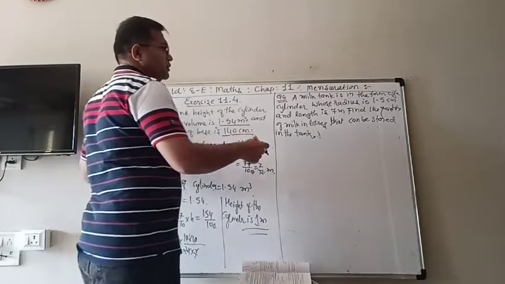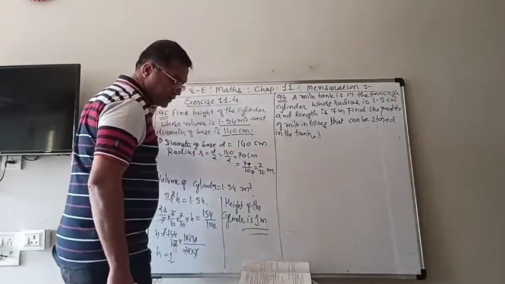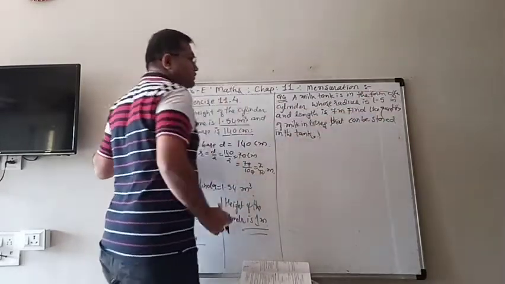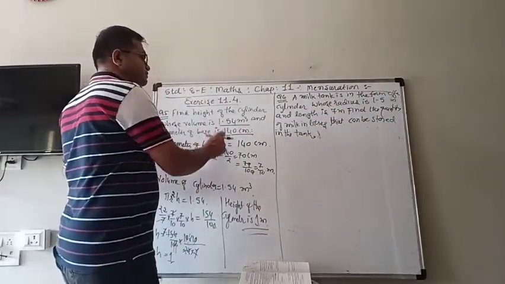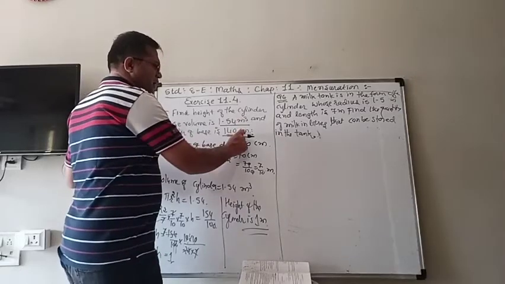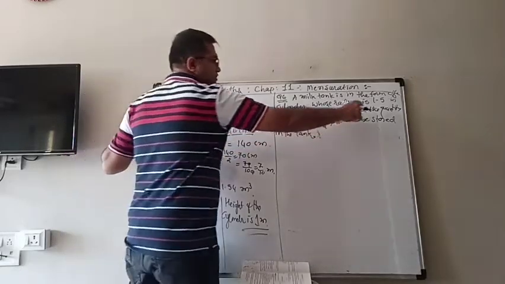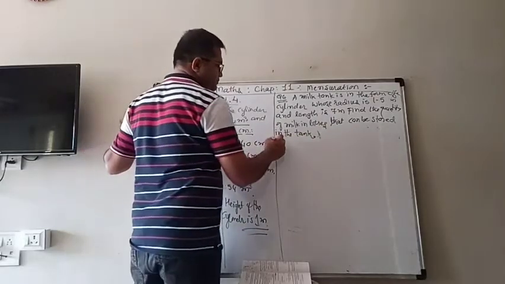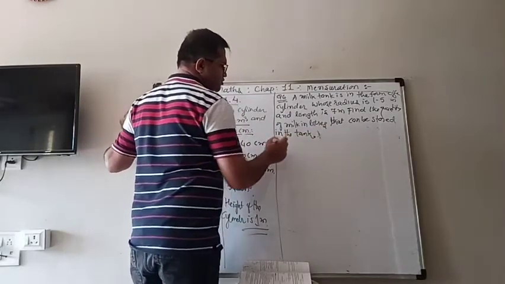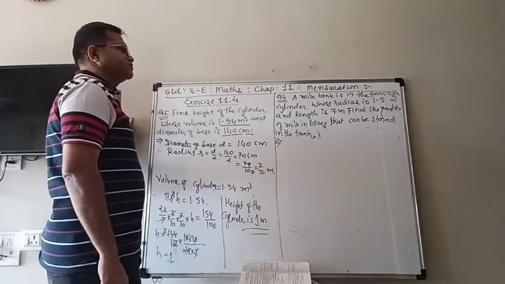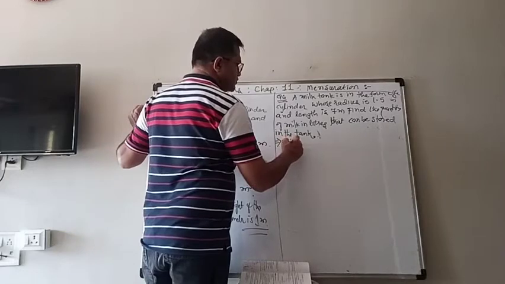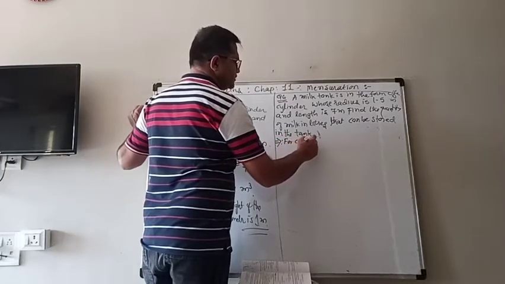Here both of them are given in meter, not centimeter, so we don't have to worry like that. Here one was meter cube, other was centimeter, here both are in meter. So whenever you start examples like that, first check the units.